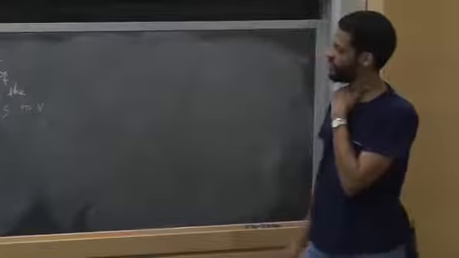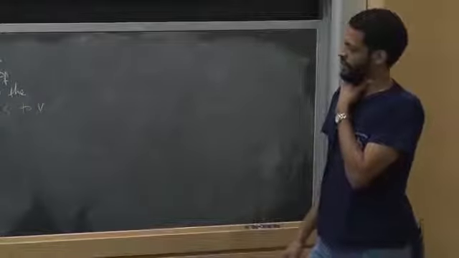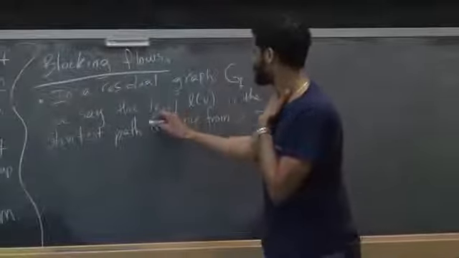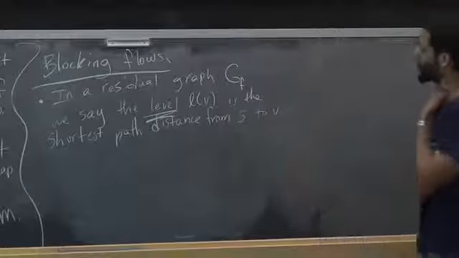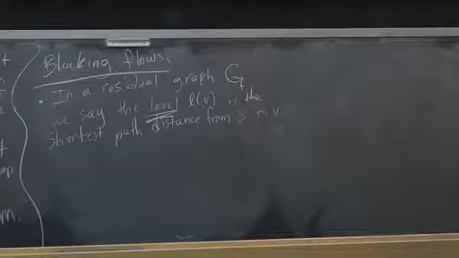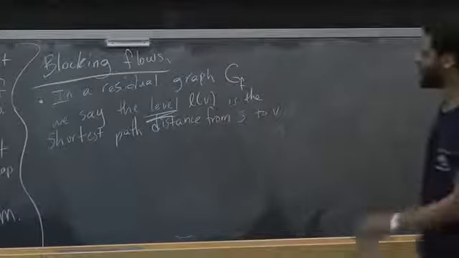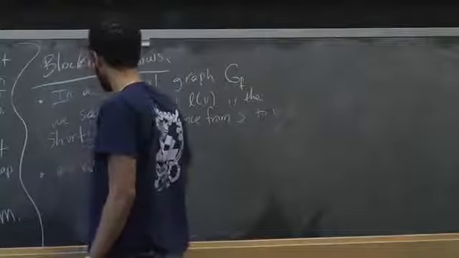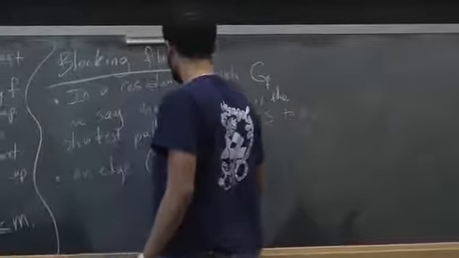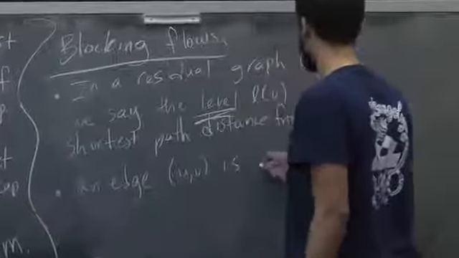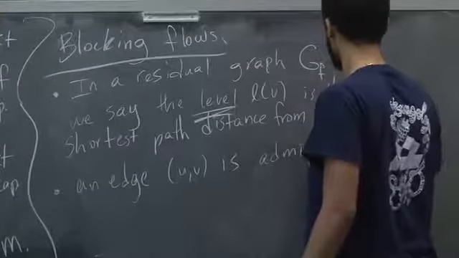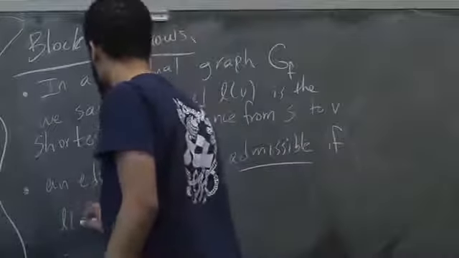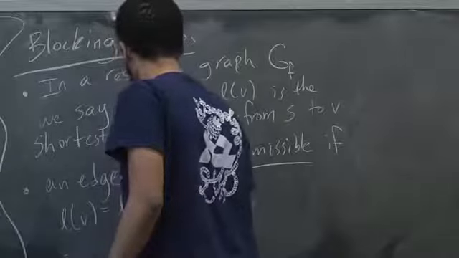Okay, so let me move on to blocking flows. Let me make a definition. So the level of a vertex in a residual graph is the shortest path distance from S to V. And an edge UV is admissible if the level of V is the level of U plus 1.